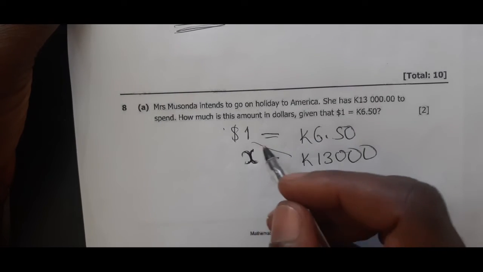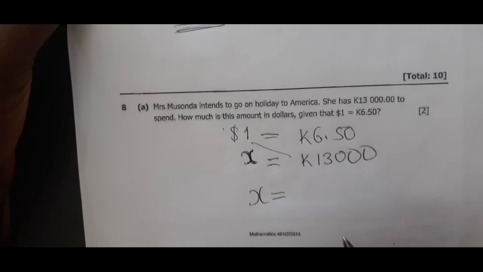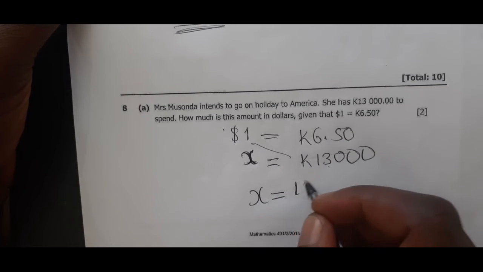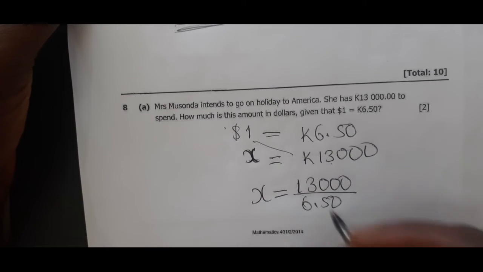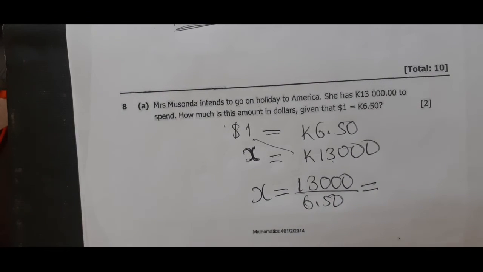Okay, so it's a question of us just cross multiplying here. So we're going to say this is equal to 13,000 divided by 6.50. What do you get? Let's divide that. What are we going to get?